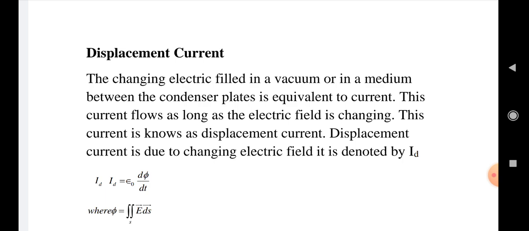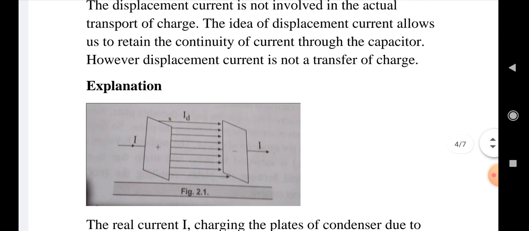Before discussing the displacement current, first of all, consider two plates. Suppose the first plate is positive and the second plate is negative, and these two plates are separated by a distance d. These two plates are filled with air media.